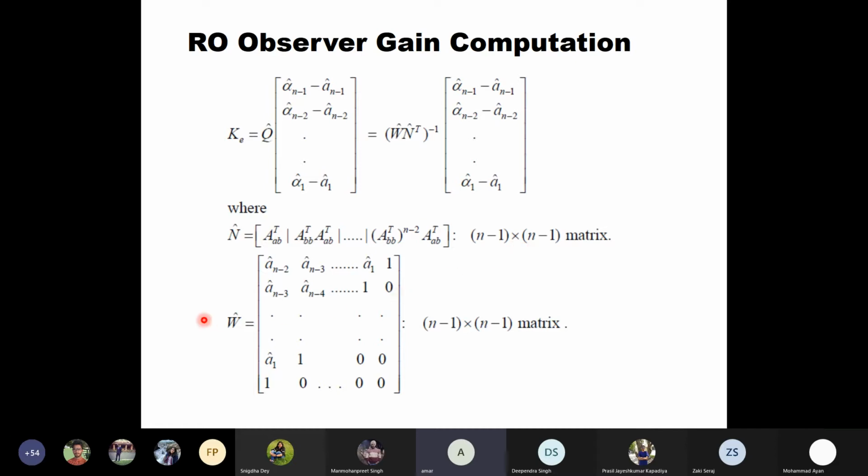And the W matrix will be calculated accordingly, similar to what we did in the case of the full order observer gain computation. This will be calculated from SI minus ABB.